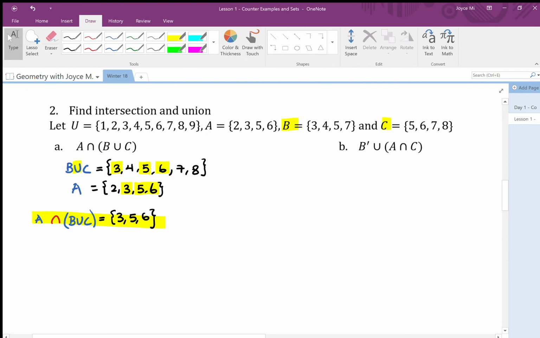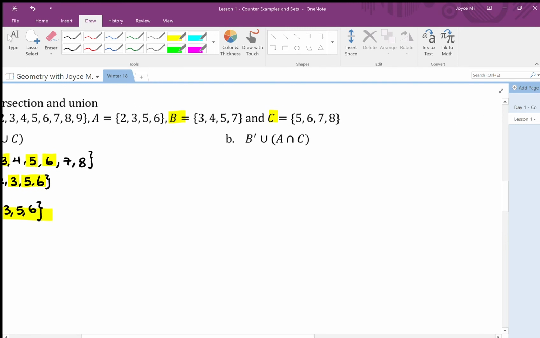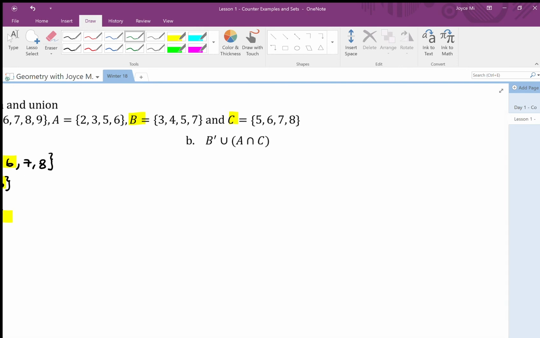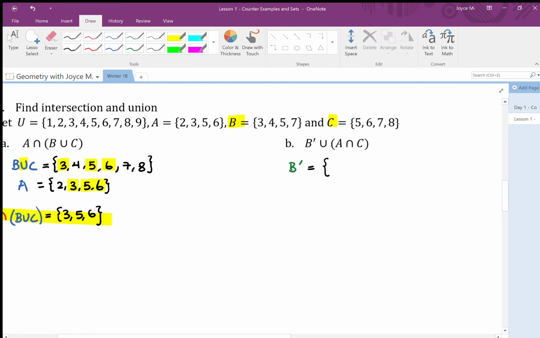That will be A. Let's do one more, involving complements. First I'm going to look for B complement. B complement means I'm looking for things that are in the universe but not in B. Our universe is right here, and this is my B on the highlighted part.